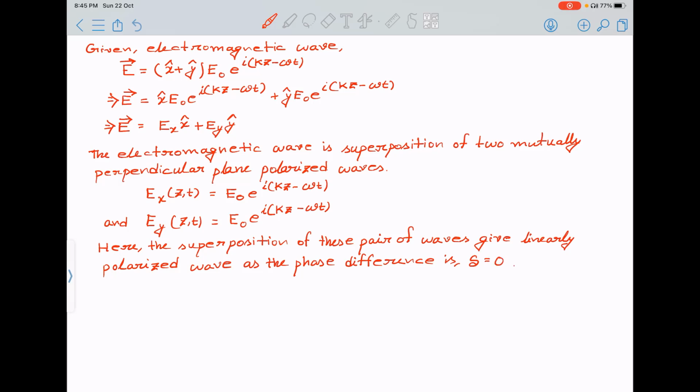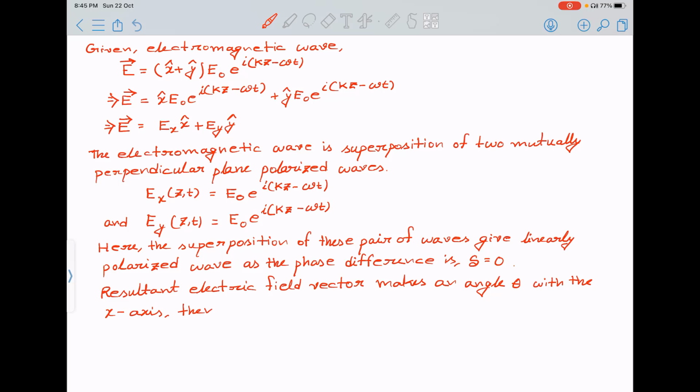So the resultant electric field vector makes an angle theta with the x-axis.